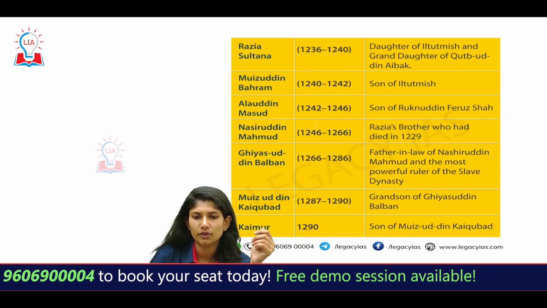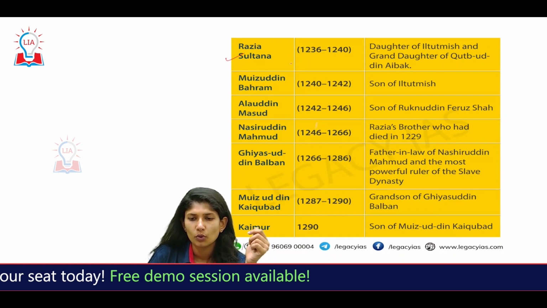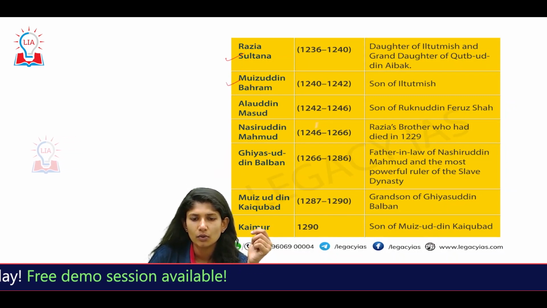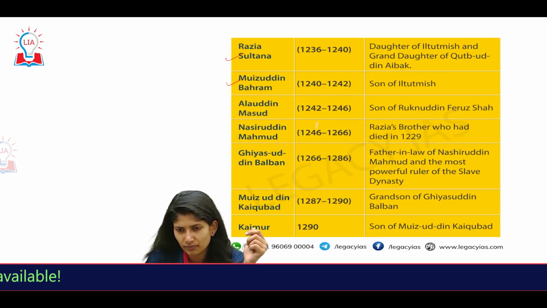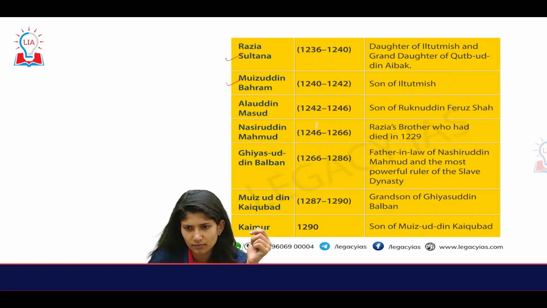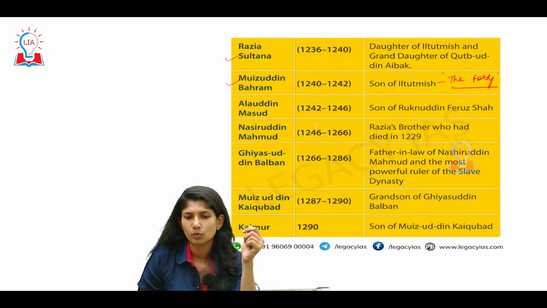Then comes a very important ruler, Razia Sultana. Post Bahram is where the rise of the 40 happens. Here is where the 40 gain enormous and immense power.